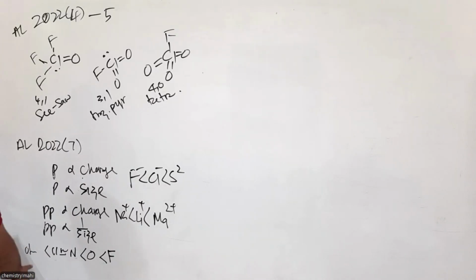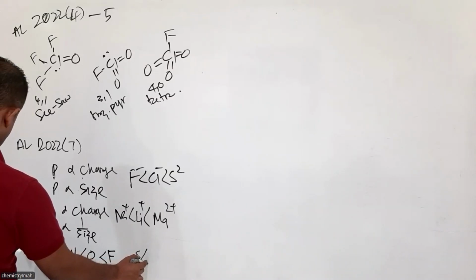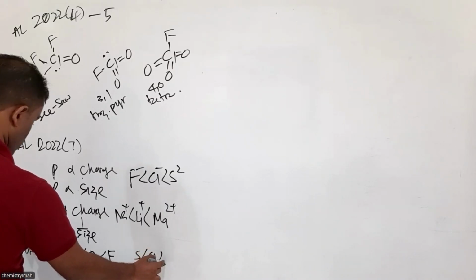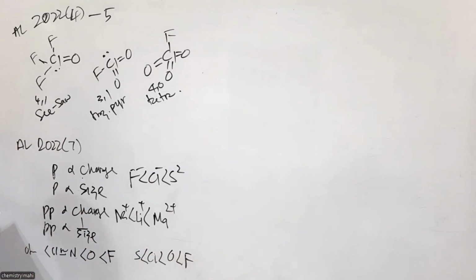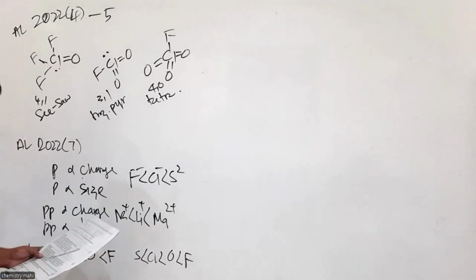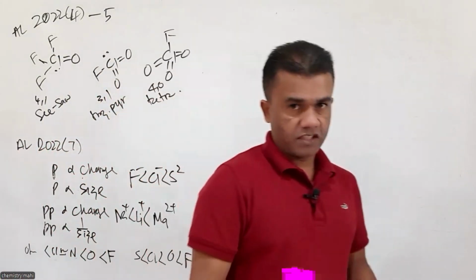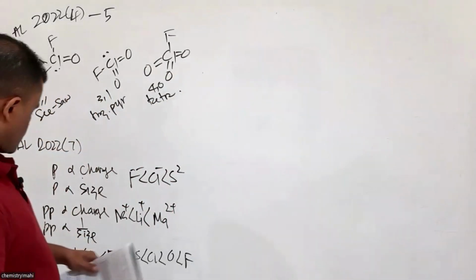Sulfur comes under the other atoms, so it should be the lowest. The order should be S, Cl, O, F. It's given F, O, S, Cl. That is again wrong. Third answer, it's wrong.